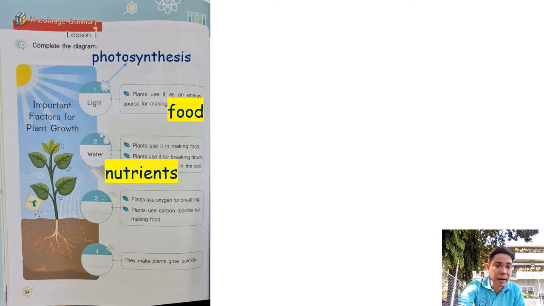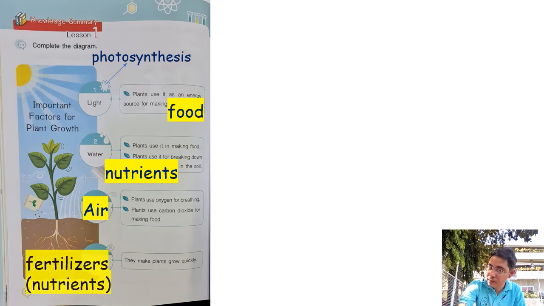Plants use carbon dioxide for making food. And that is air. Plants need air to make food. And last, they make plants grow quickly. What is this? Nutrients, or we can also write fertilizers.